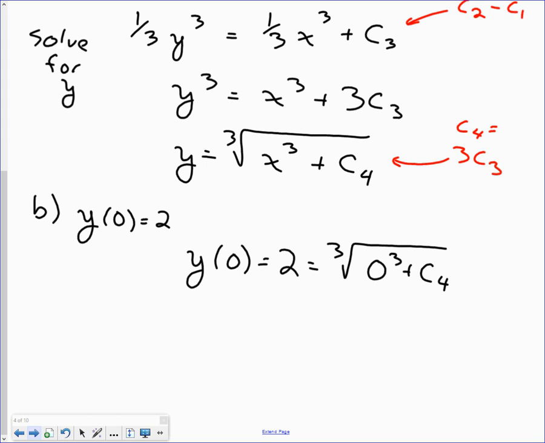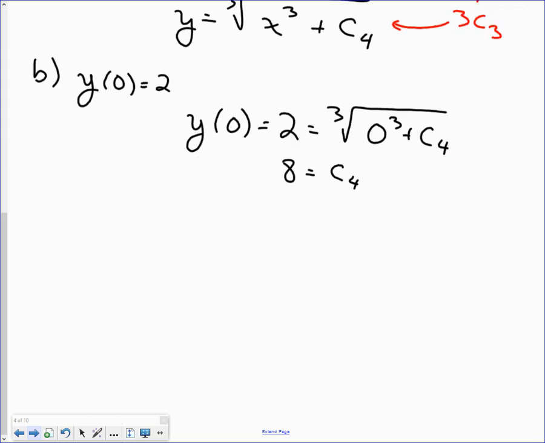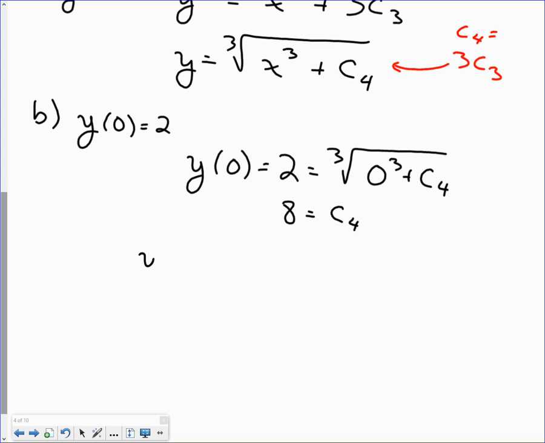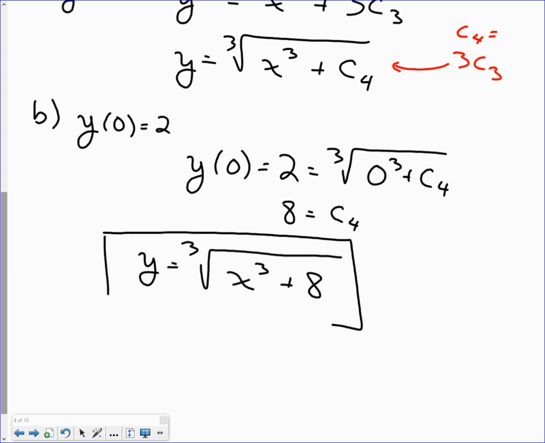So let's cube both sides to get 8 equals C4. So our specific solution here would be y equals the cube root of x cubed plus 8. Is our final solution.